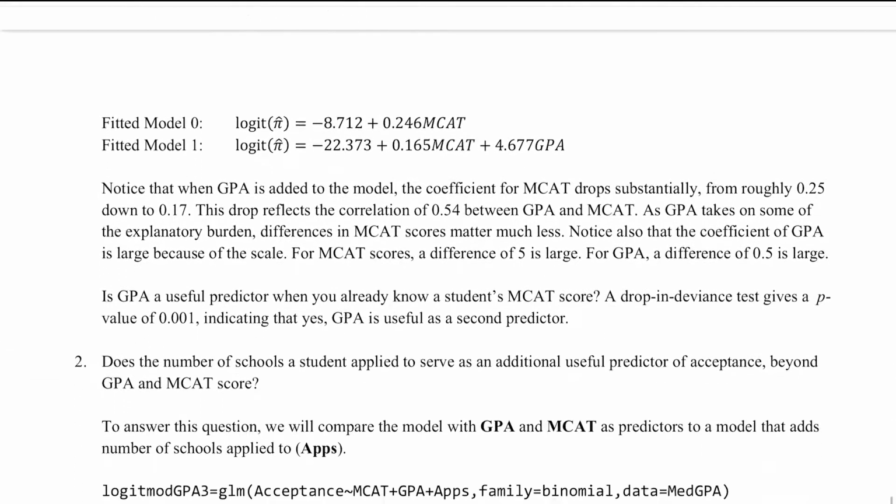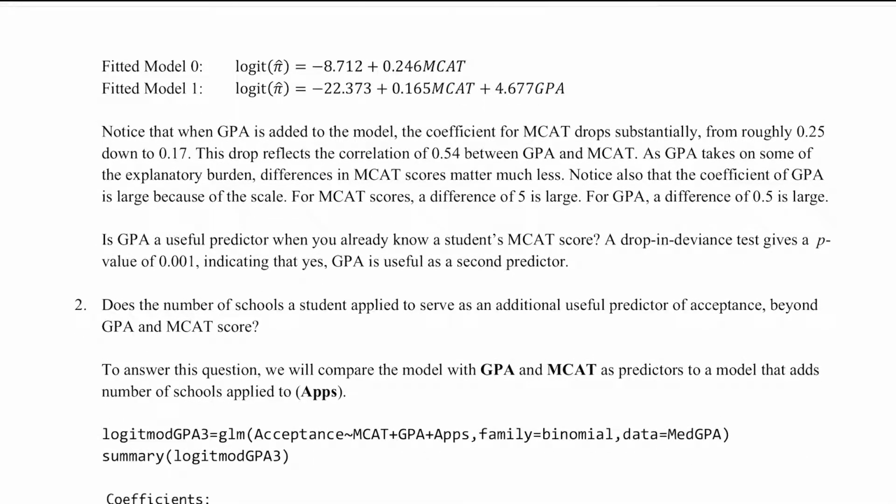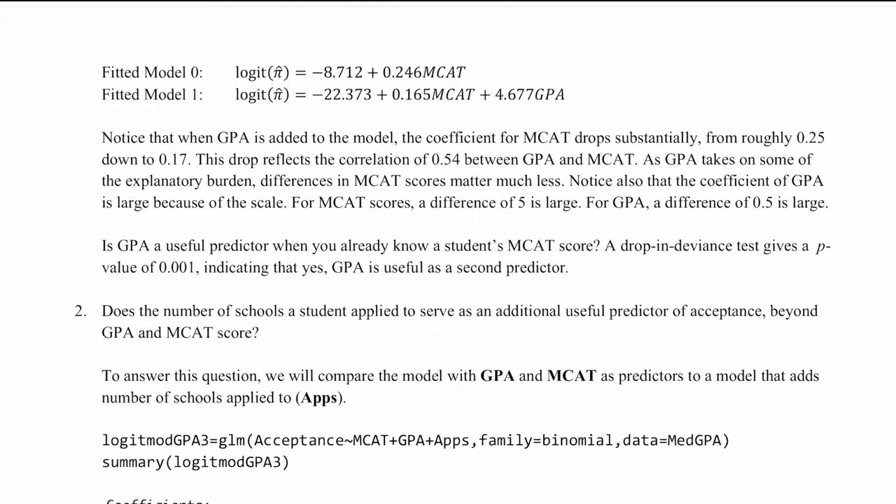If we add GPA, we see that GPA definitely has a low p-value, but notice that the MCAT does not. It's got a kind of high p-value. But here's a case where, again, you want to look at that drop-in deviance test, which we haven't gone over for comparing a 2-predictor model to a 1-predictor model, but I wrote in here that the drop-in deviance test does give a low p-value, so from that we would conclude that GPA is useful as a second predictor.